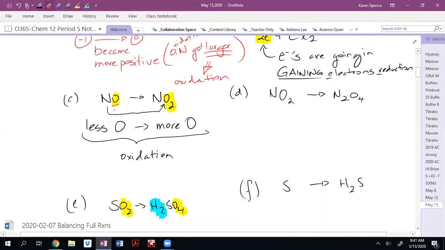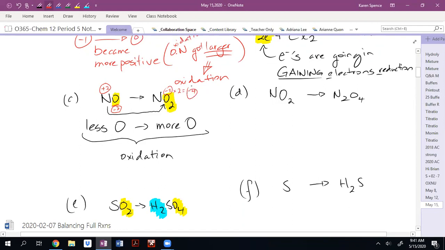O, of course, is -2, and that means that N has to be +2 in order to give us an overall charge on that compound of 0. O is -2, but we have 2 of them, so that's going to be times 2 is -4.